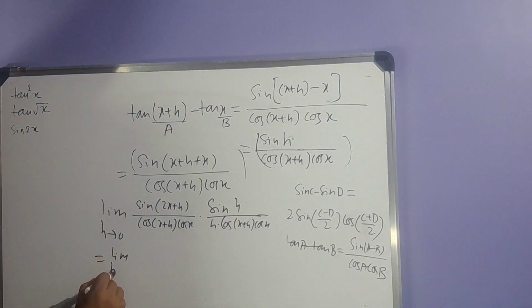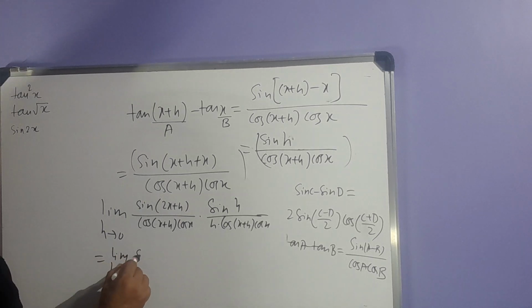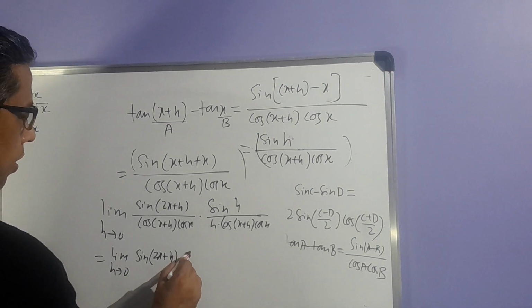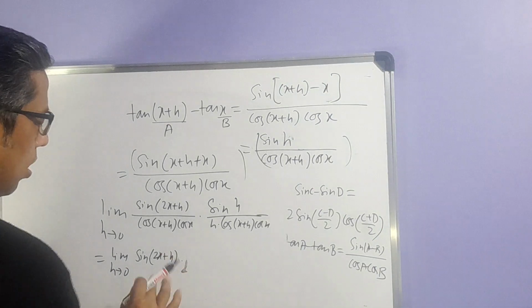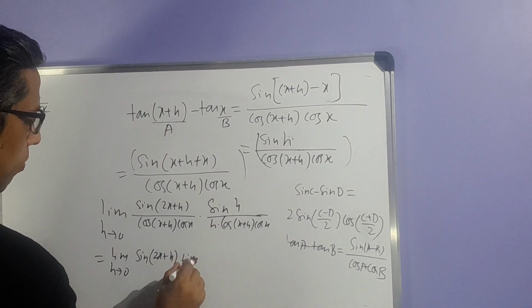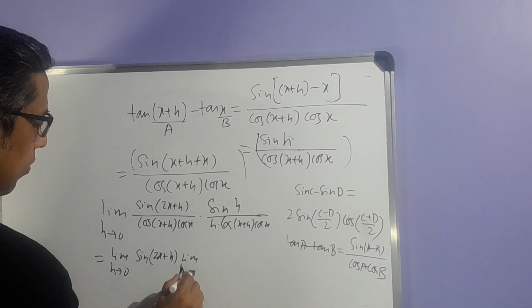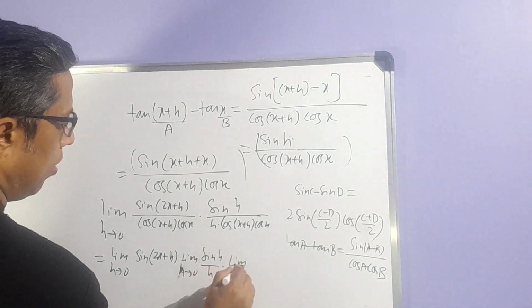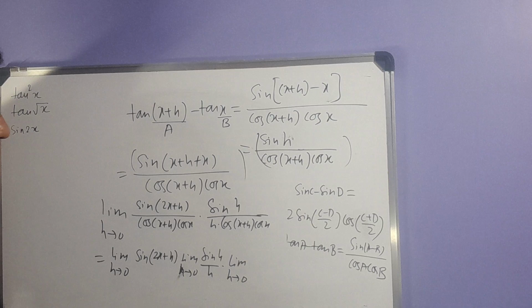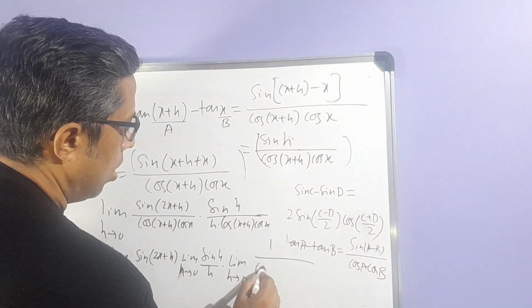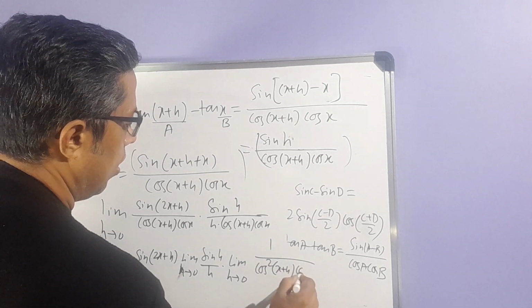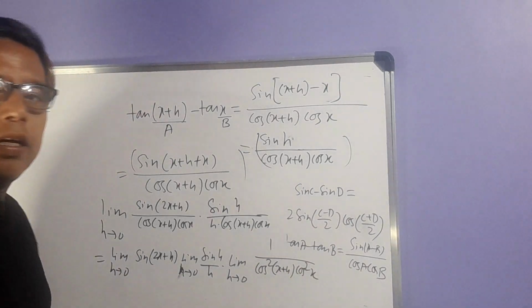Limit h tends to 0 of sine of (2x plus h), then limit h tends to 0 of sine h by h, then limit h tends to 0 of 1 by cos of (x plus h) cos x.